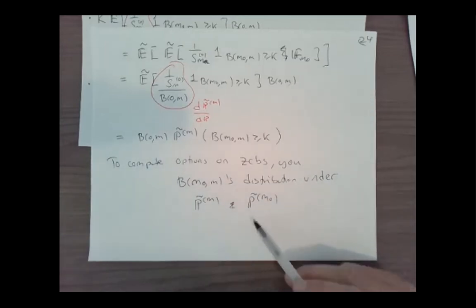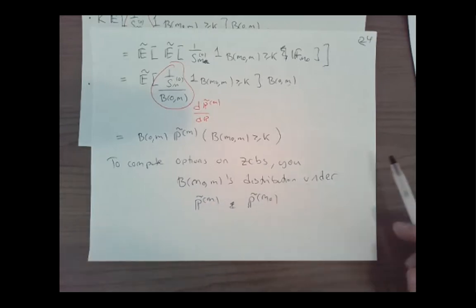These are the forward measures corresponding to zero coupon bonds that expire at time M and then expire at time M0.